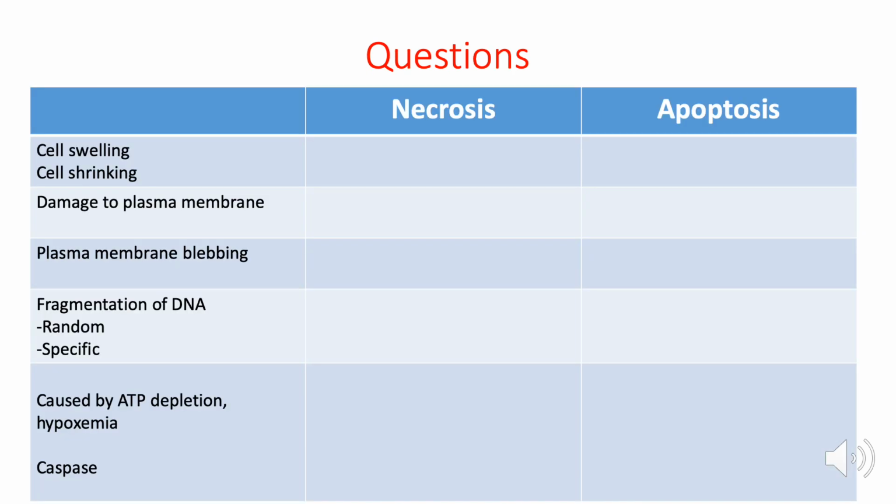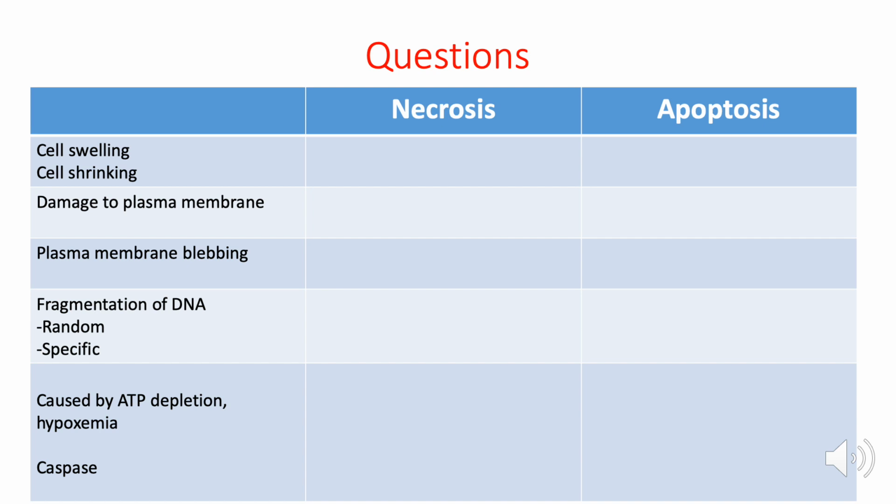So at this point, I want you to differentiate necrosis and apoptosis based on the parameters mentioned in that table. Cell swelling is seen in necrosis, brought about by the cell membrane damage, while cell shrinking is evident in apoptosis because of the organization of the cytoskeleton or the filaments within the cell.